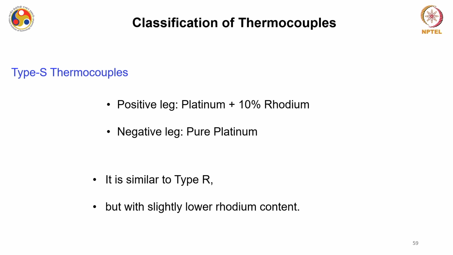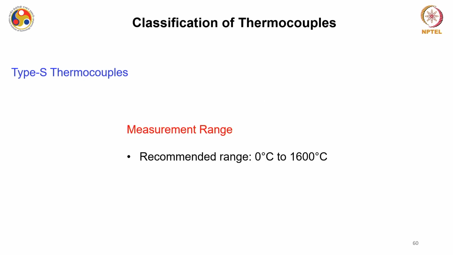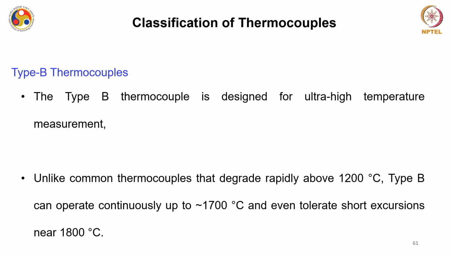So the positive leg in case of type R thermocouple was platinum plus 13% rhodium. Here you have platinum plus only 10% of rhodium, while the negative leg is again made up of pure platinum, very similar to type R. Okay. However, the ranges and all are also very similar. So the recommended range is also from 0 to 1600 degrees Celsius.